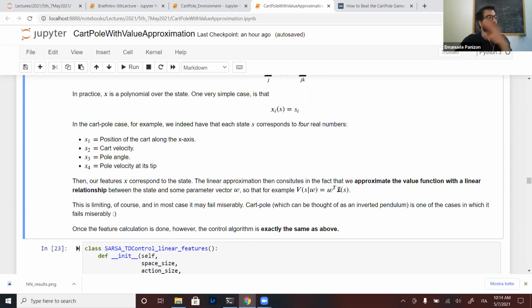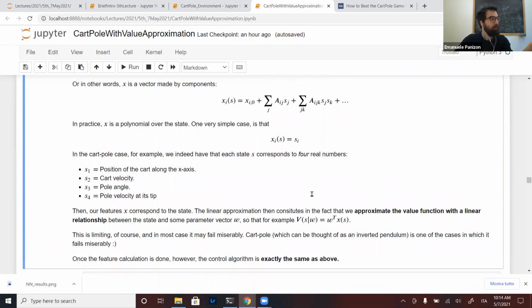So the whole method is that I took polynomial features, but right now I actually took exactly a linear combination, the identity over the state, and I multiply by 4 values, and for each state I just determine the value as this linear combination. This is extremely limiting, and we will see that since the dynamics of the problem are not linear, this is a very stupid idea and it will fail. But just to point out that this is a way to do it.